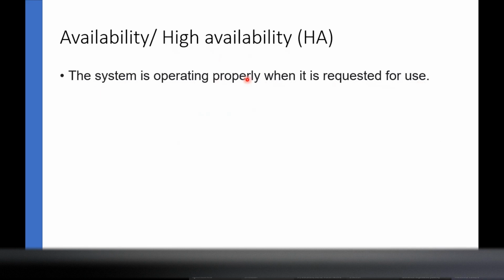Now, what does availability mean? The system is available for use. The system is working at any given time once you log in. Do you notify Facebook, I'm logging in to Facebook today at 1 p.m., or any other application, and mention I'm going to log into the system at this time, so please allocate?